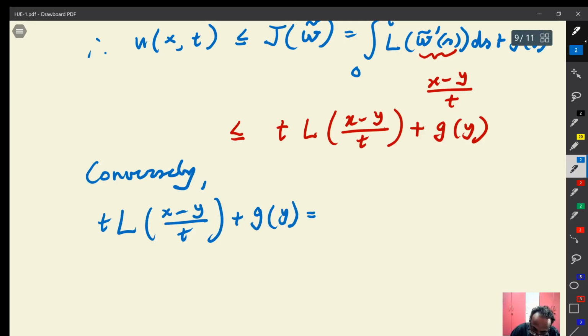This is equal to t L. I do some trick here.